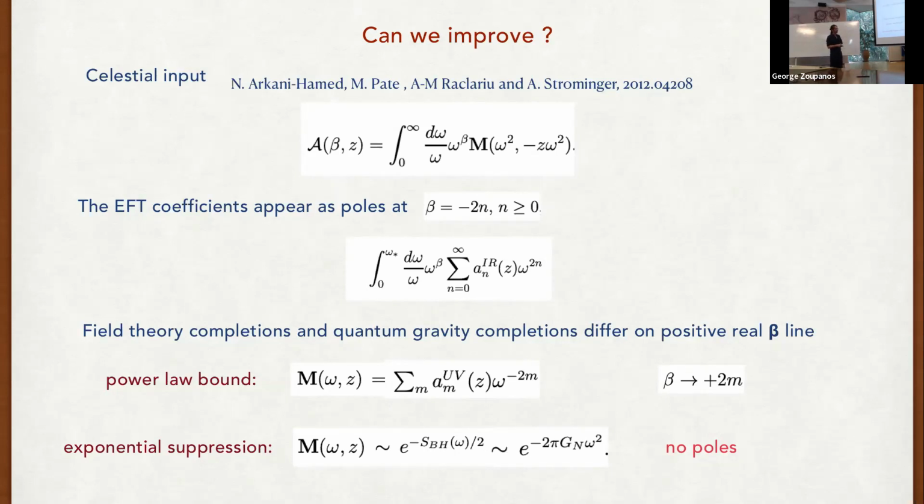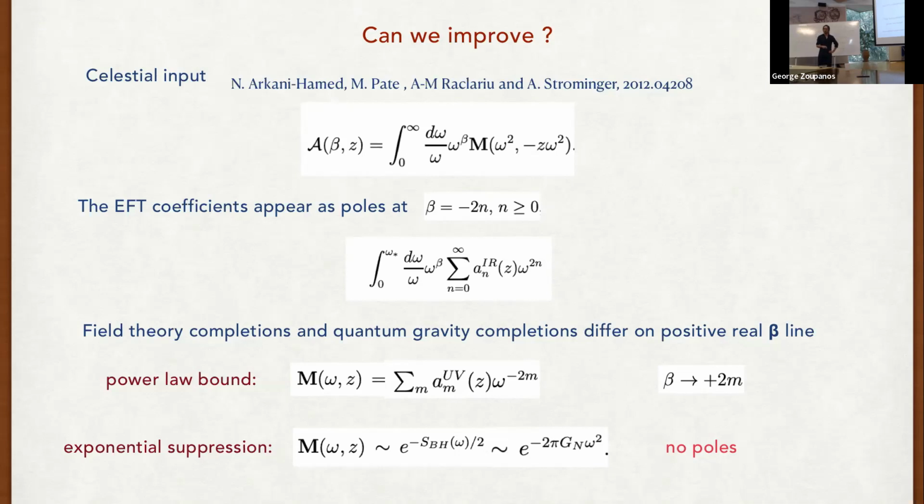For quantum gravity, because of the black hole microstates, you know that in principle the high energy behavior should have an exponential omega squared suppression. So this will be on my last slide. And therefore, it tells you that there's going to be no pole on the real axis.